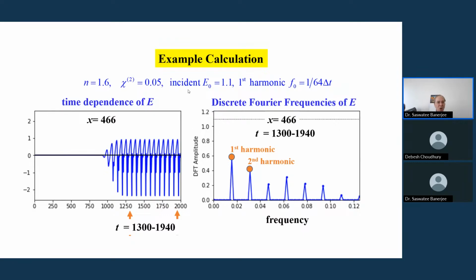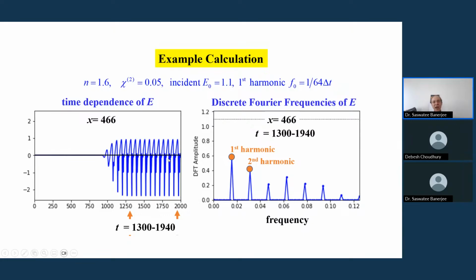All right, so what I've done is I've run this equation for about 2000 time steps. And then I pick a certain region where the wave has stabilized. I've turned on a source. So at a certain time, there was nothing. Then I've turned on the source. And finally, as it's coming out of the material, I'm looking at this section.